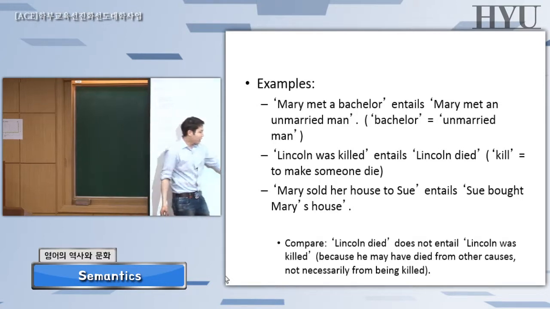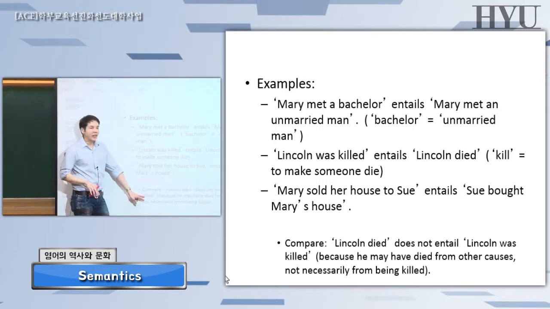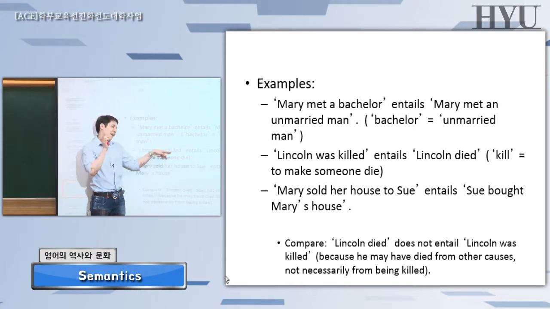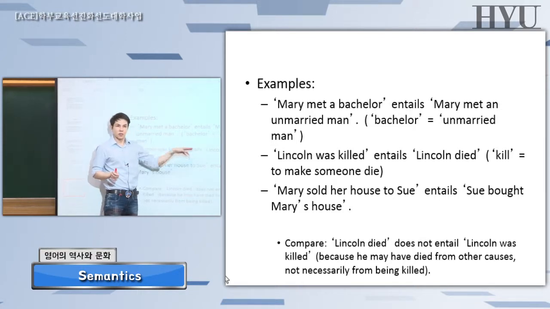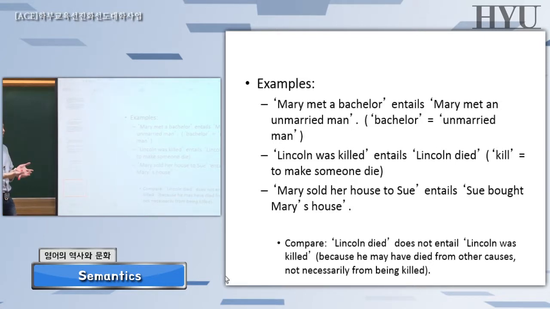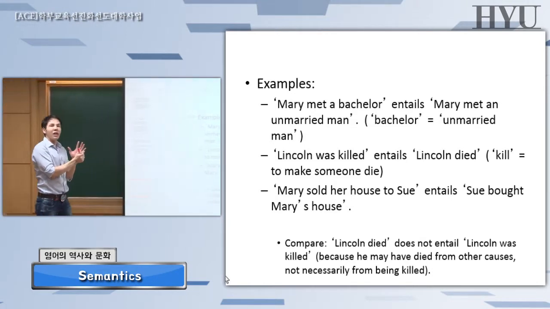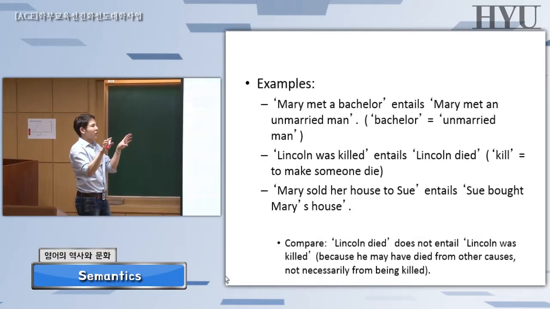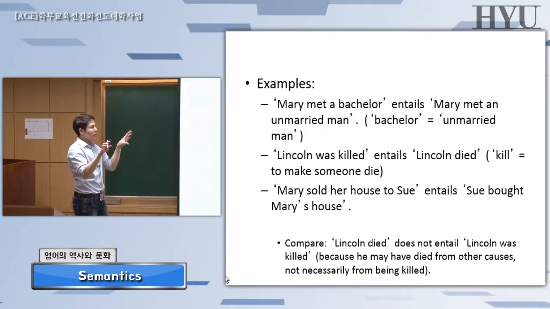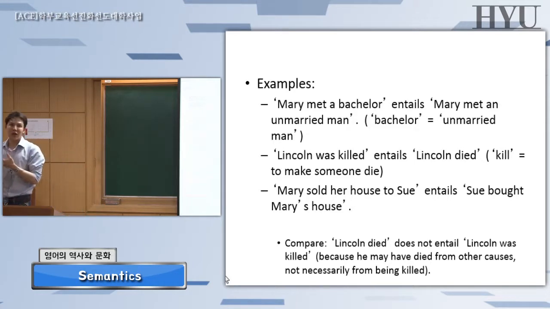So Lincoln died doesn't include the fact that he was killed. But the other way around is true. Lincoln was killed must mean that he died. But he died doesn't have to mean that he was killed. He could have died from some other causes. So the relationship between two sentences in entailment is usually one way, or unidirectional.